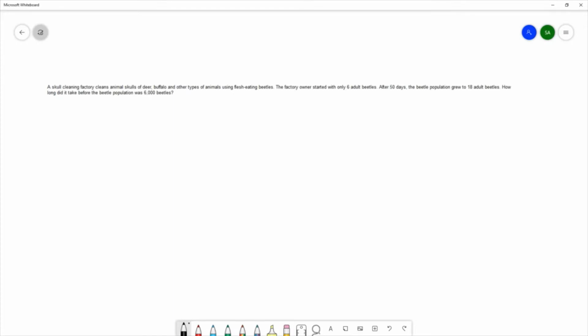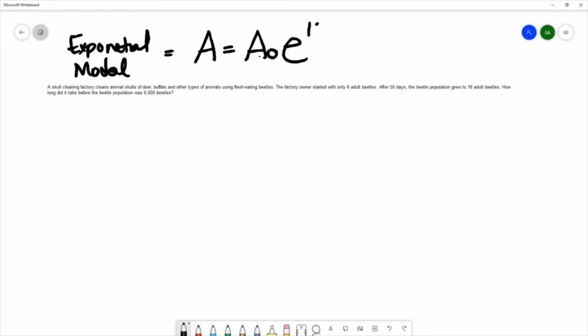Okay, so what I'm talking about with an exponential model is that it will follow A equals A naught e to the kt.